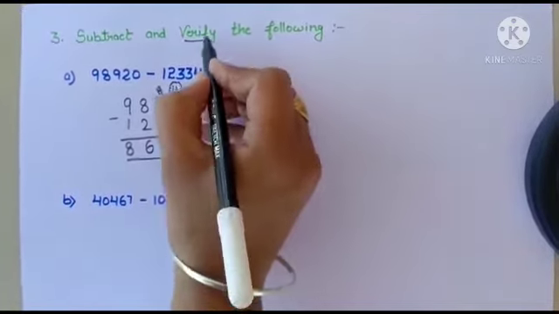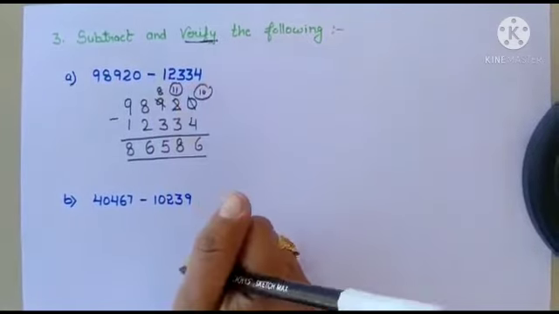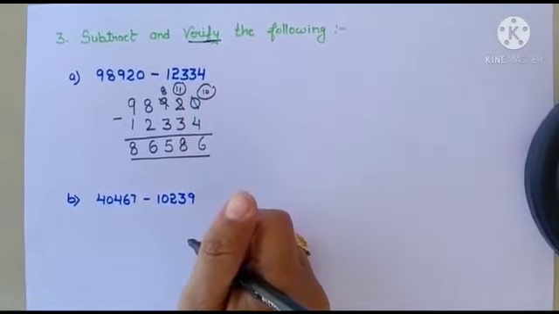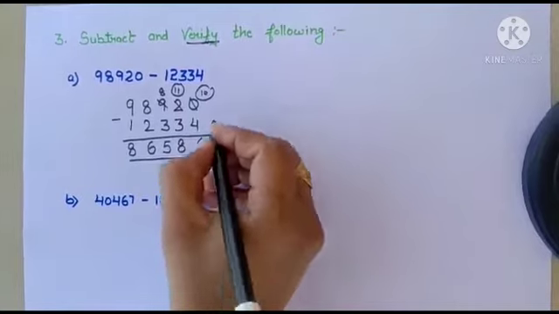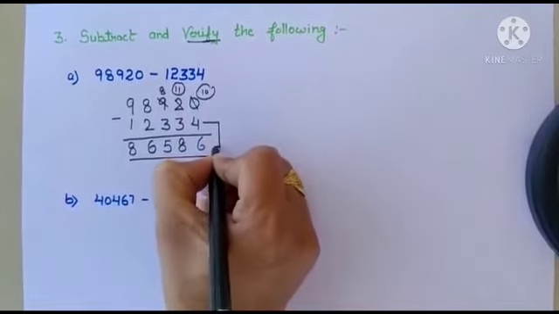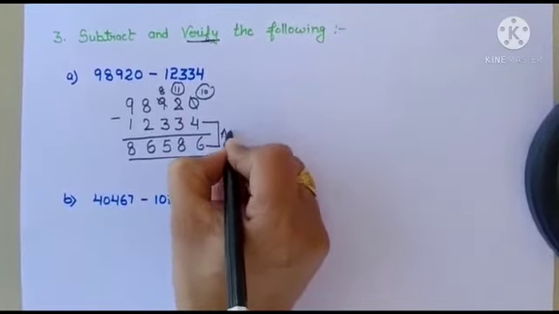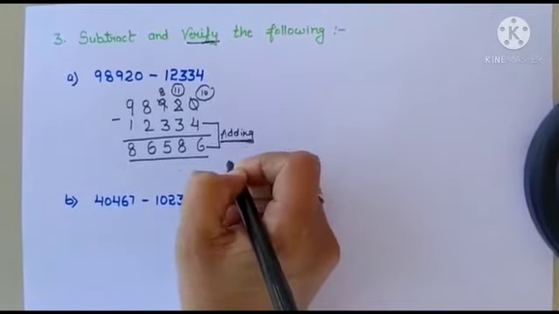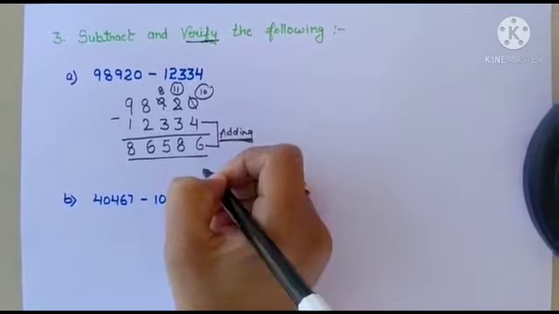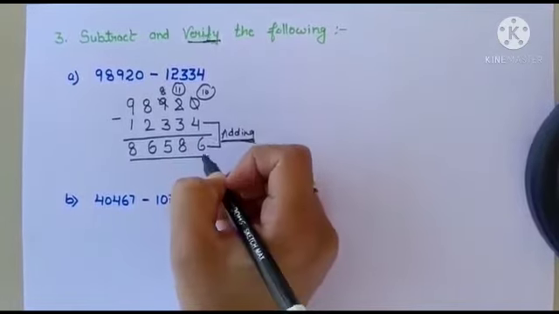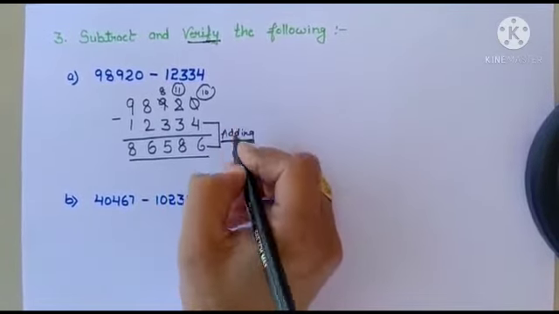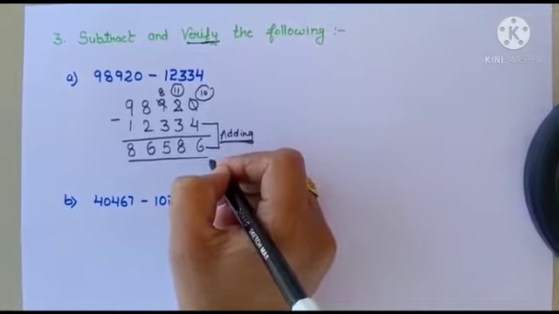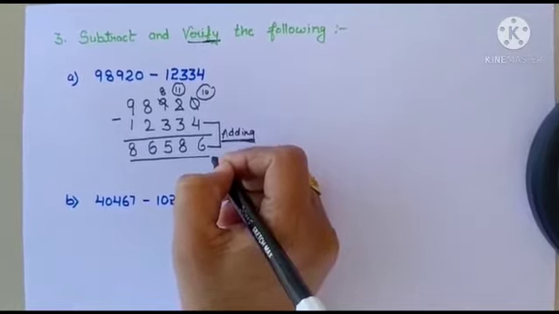So now we have to verify whether our answer is correct or not. How can we verify? We can verify by adding these two numbers. By adding these two numbers, we will get this number. So by that we can verify whether our answer is correct or not.